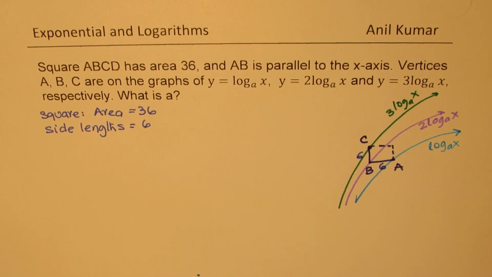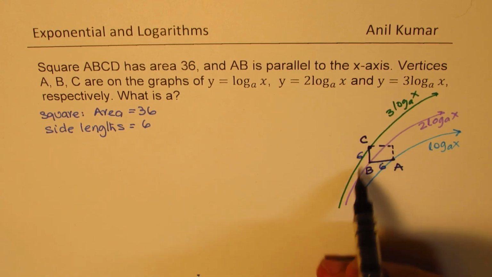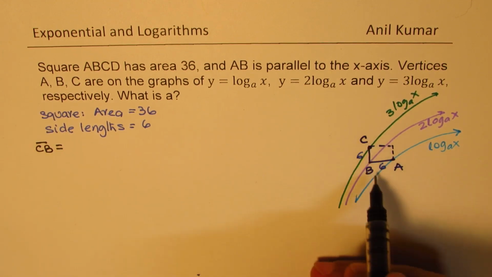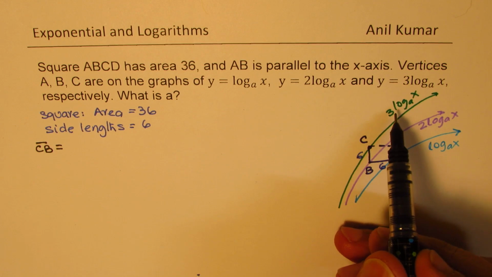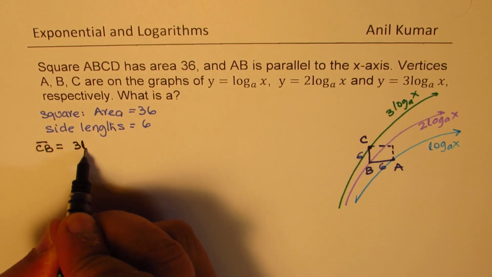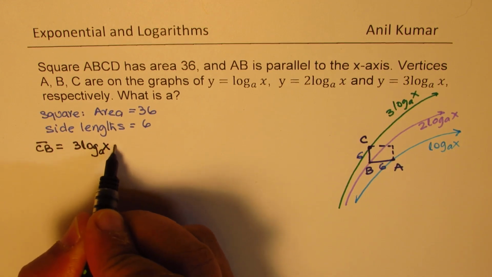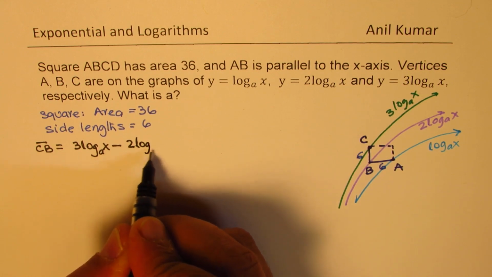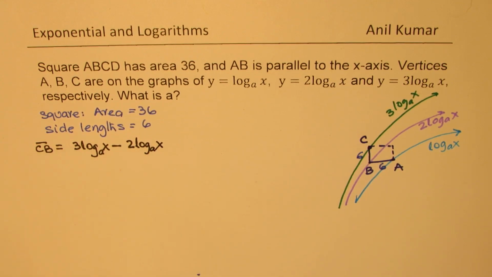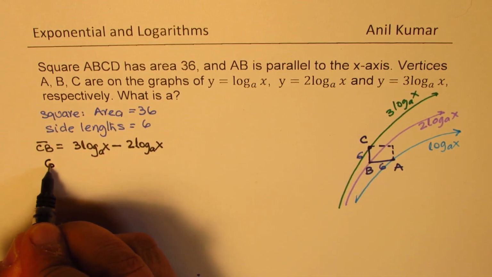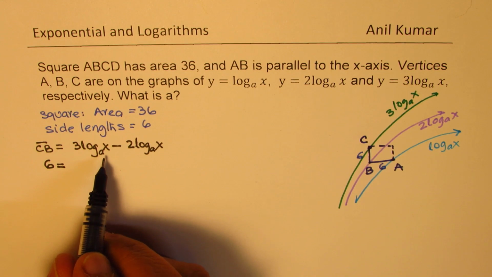So the difference between the y values of C and B, that means the height CB. Let's find what CB equals. CB is the difference of values between the graph of 3 log a x minus 2 log a x, base is a. And we know that CB is 6 units, so we can write 6 equals 3 log a x minus 2 log a x. Here we can apply the rules.